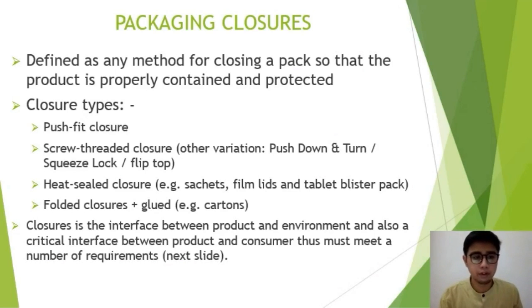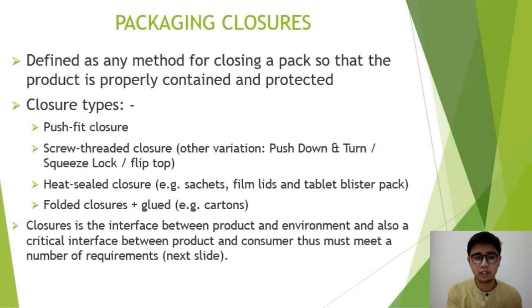As for the screw-threaded closure, you have to twist or spin the closure to open it and to close it. There are other variations of the screw-threaded closure, which is the push down and turn closure. As you can see here, you cannot open the closure by the normal twist, but you have to push and twist the closure in order to open it.